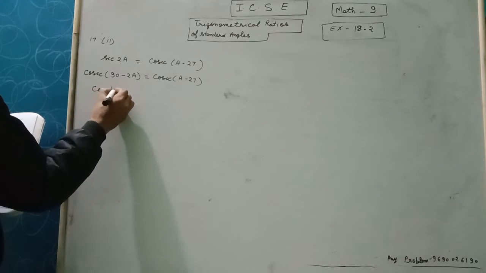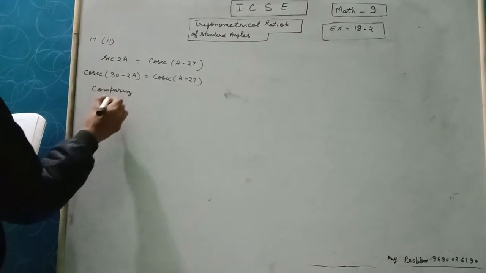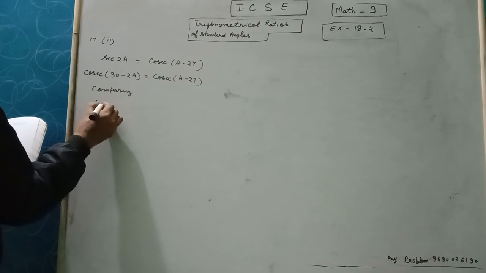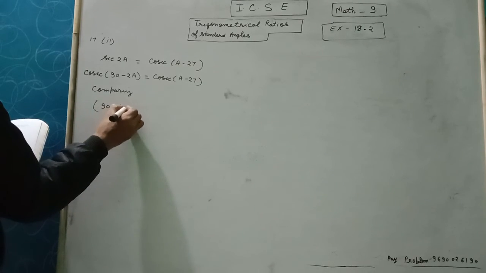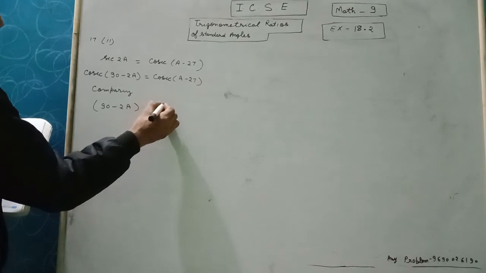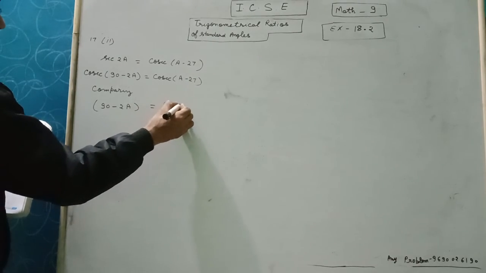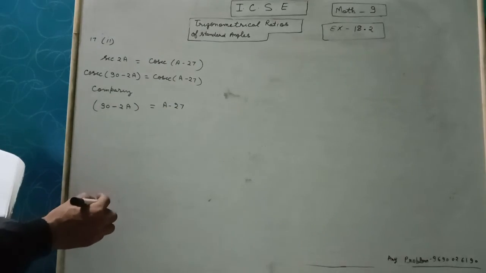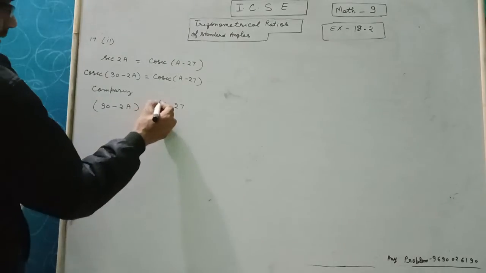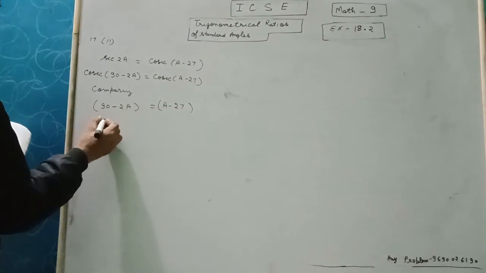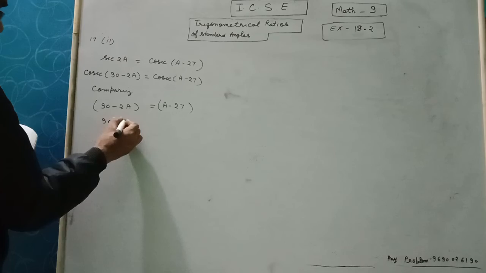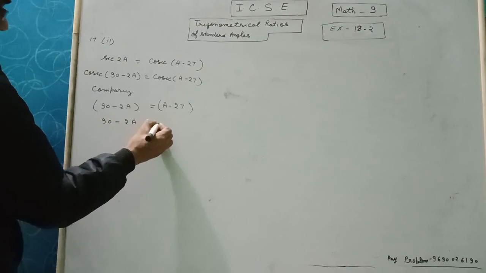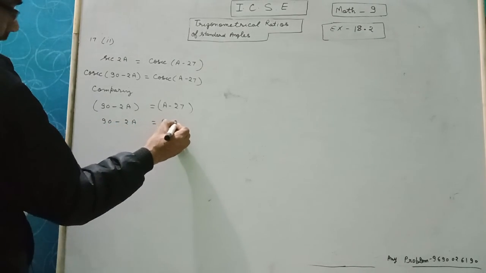Comparing, 90 minus 2a is equal to a minus 27. After removing the bracket, 90 minus 2a is equal to a minus 27.